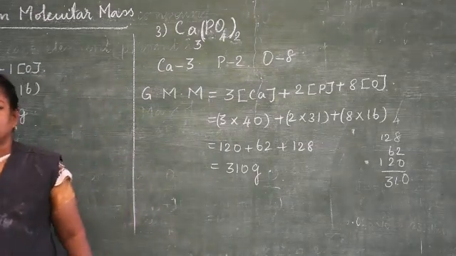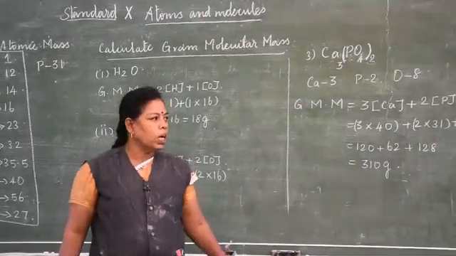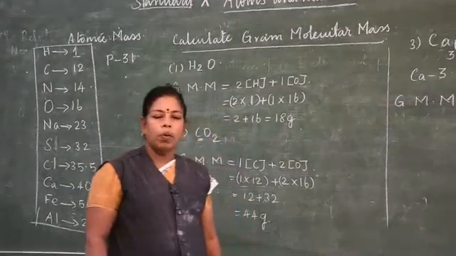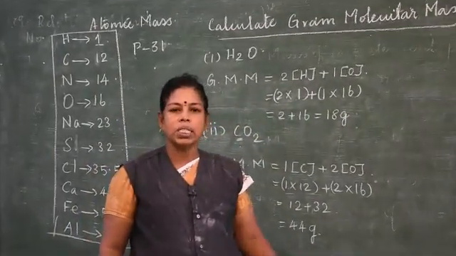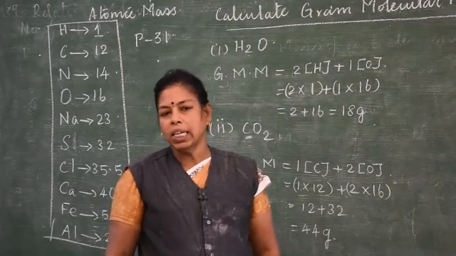So, these are the problems based on atomic mass and how to find out the gram molecular mass of a compound. Now I think you could understand everything clearly. What are the things we have seen in this class?